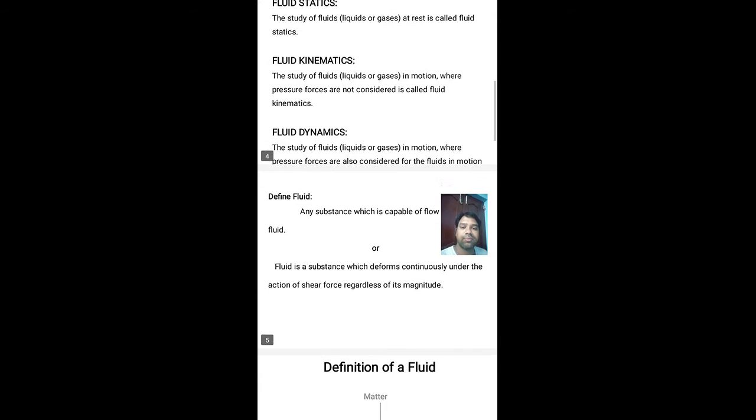Whereas in fluid dynamics, the fluid will be in motion and at the same time we have to consider the pressure forces, right? So that is fluid dynamics. Again, it is a very vast subject, so we will not deal mainly with dynamics.